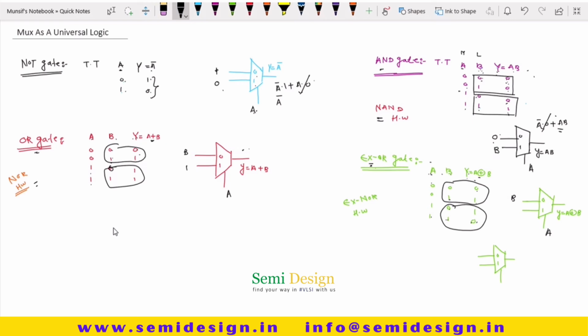Okay. Now here 0 1 1 0, which is nothing but Y is equal to B bar. And for getting B bar, we just need to connect one NOT gate. So one NOT gate, connect B here, 1 0, and at this output we will get B bar. This is the very simple XOR gate. Similarly, try XNOR gate as homework, which is also very simple.